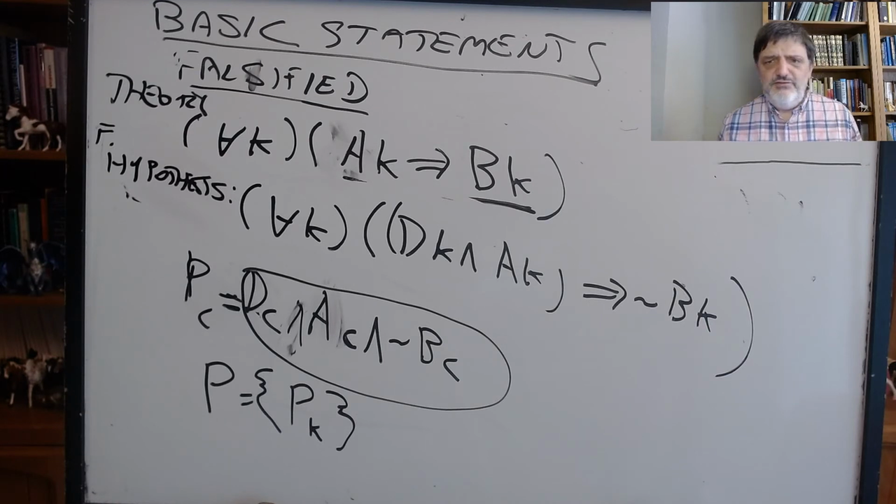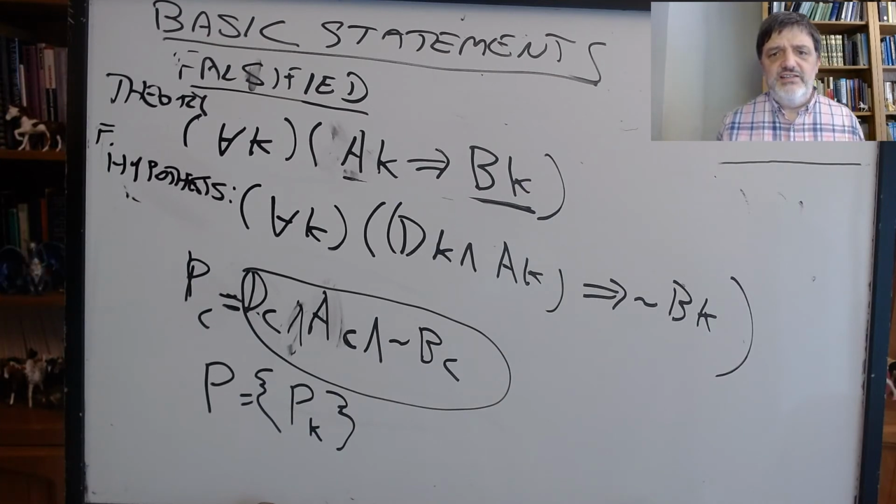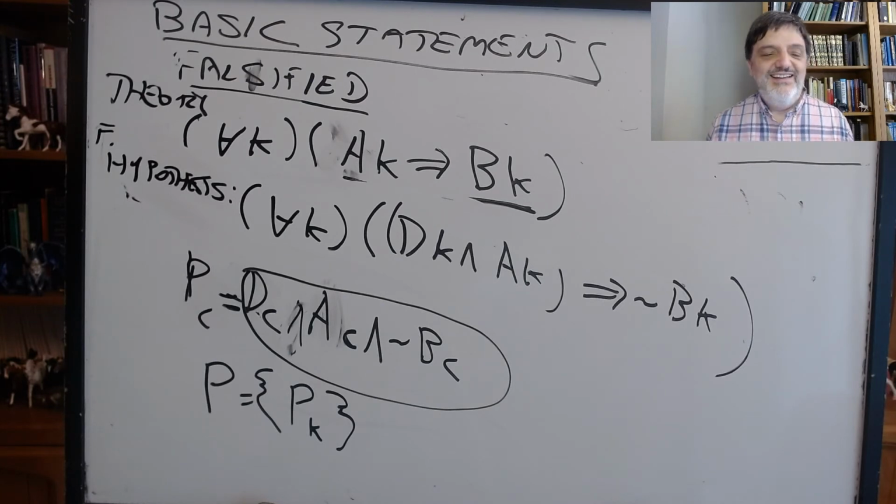Now, what's the difference between those two, you might ask? Why am I beating on this so hard, aren't those just two ways of saying the same thing? They are two ways of saying the same thing.